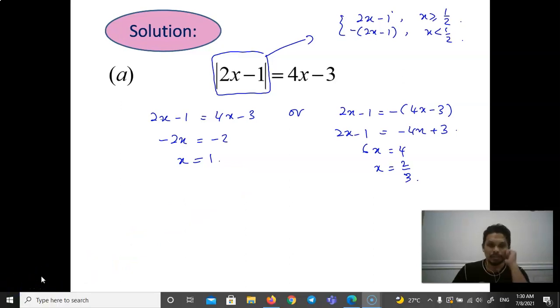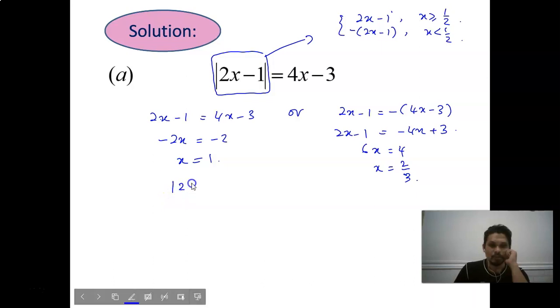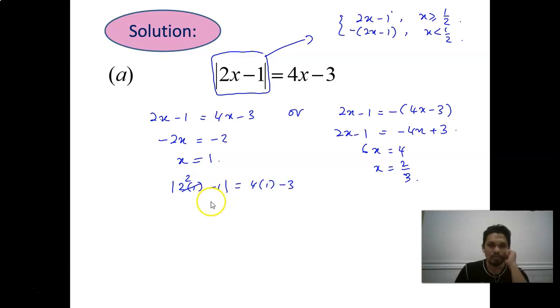To see whether these two values of x satisfy the equation, let's try the modulus of 2 times 1, x equal to 1, 2 times 1 minus 1, equal to 4 times 1 minus 3. 2 times 1 equals 2, 2 minus 1 equals 1, equal to 4 minus 3 equals 1. Yes, that's it.